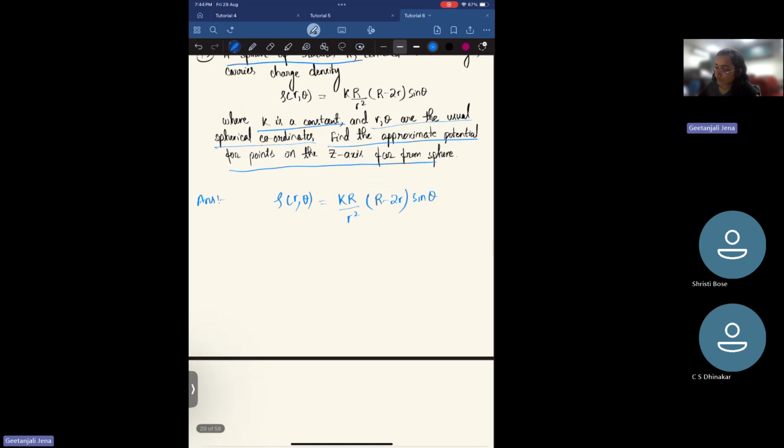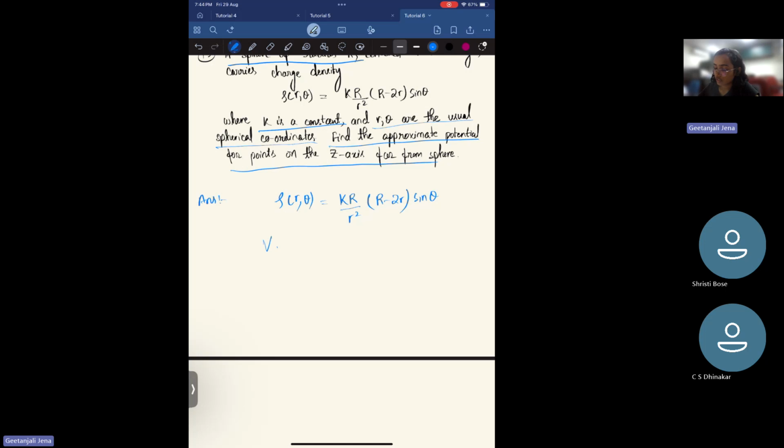To find the potential, we need to check the monopole term, the potential due to the dipole, and the potential due to the quadrupole or any other higher order term.